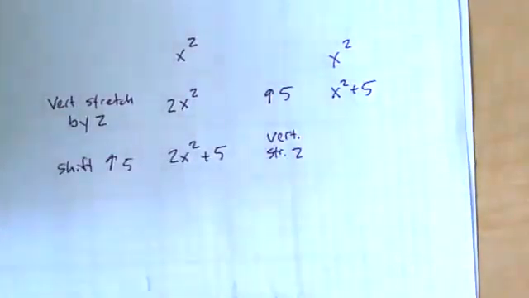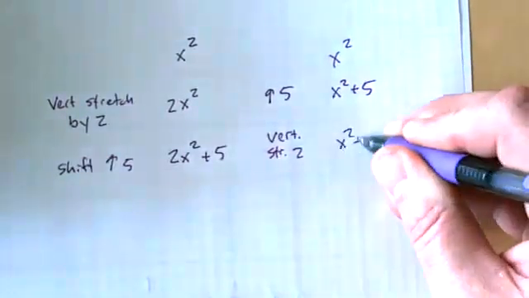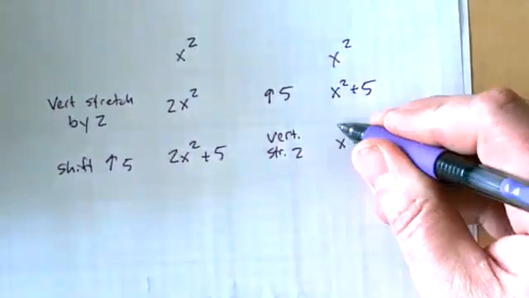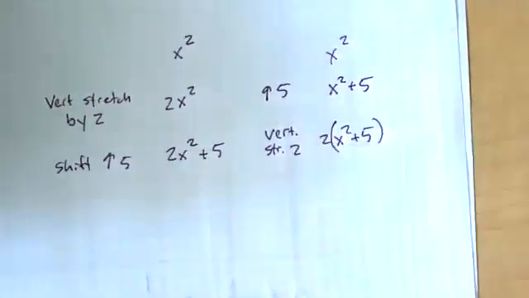Now, when I go to do my vertical stretch, I need to take the entire function and multiply it by 2. Are those the same thing? They are not the same thing.